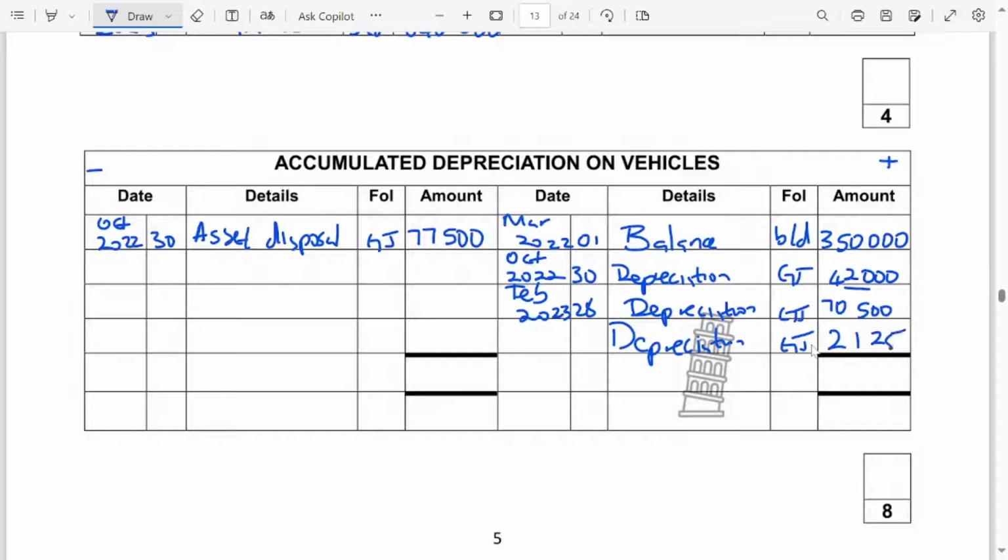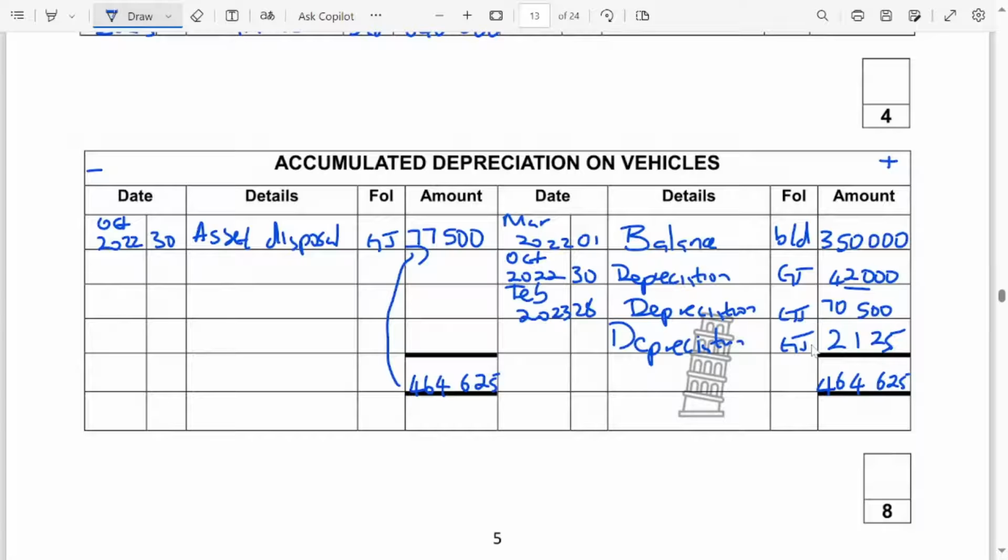2,125. Now we check. How much is the credit side? So it's 350,000 plus 42 plus 7,500 plus 2,125. That is going to be 464,625. So we get both sides, the bigger side. Now we have to find the difference. So minus 77,500.